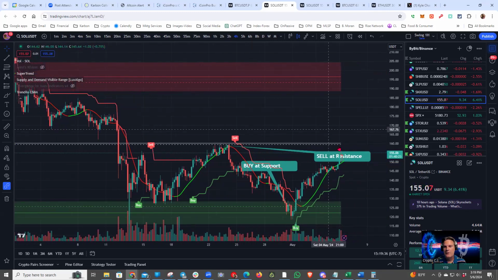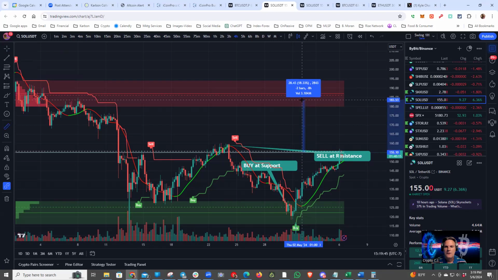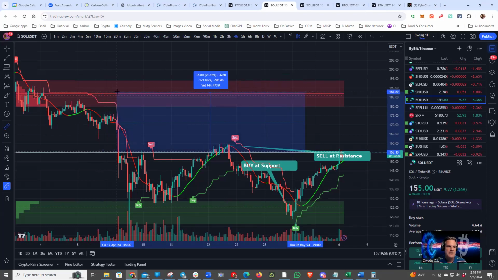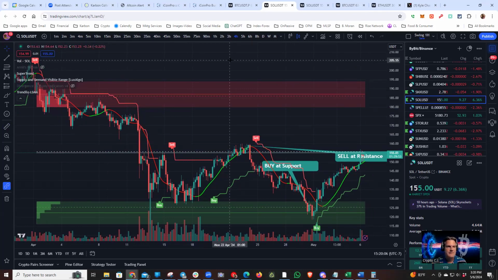So I think it would be reasonable to take a position now and try to pick up 20%, riding it back up to say between 185 and 200. Want to hold on longer, but just bear in mind it took about 23, 24 days to drop that much. It could take that long for it to pump back up. Or it may never pump back up. That's the risk we all take.